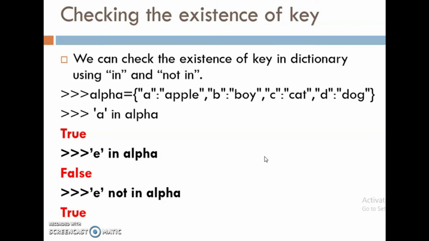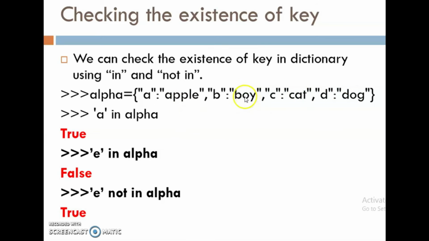We can check the existence of a key in a dictionary using the in and not in operators. Example, alpha = {A:apple, B:boy, C:cat, D:dog}. Here the keys are A, B, C, D. The values are apple, boy, cat, dog.